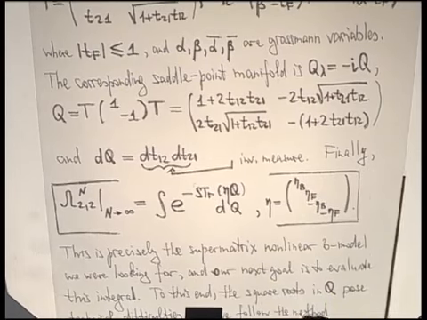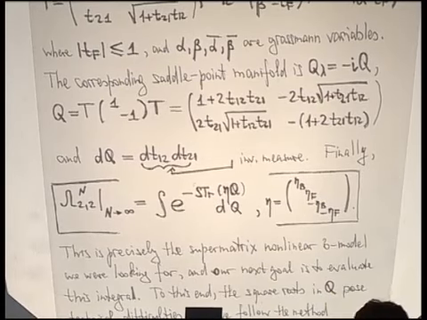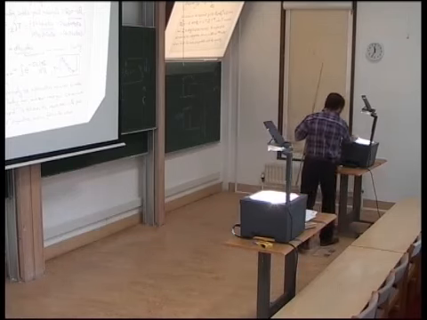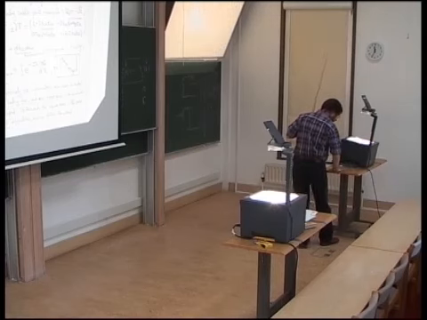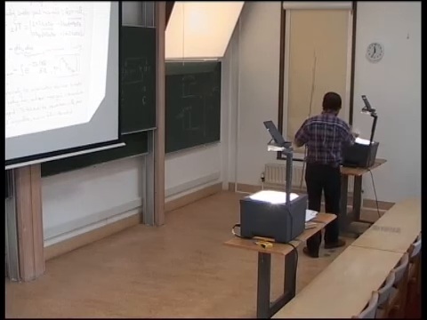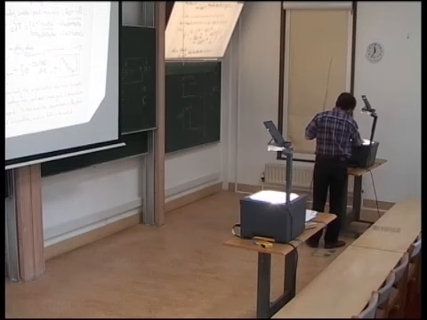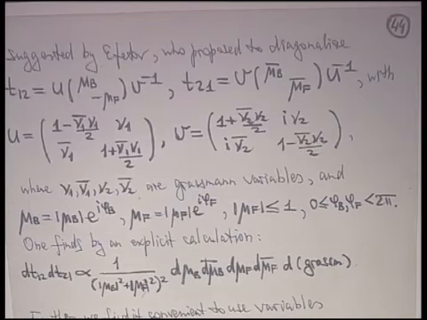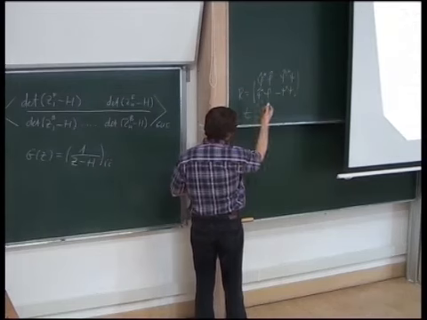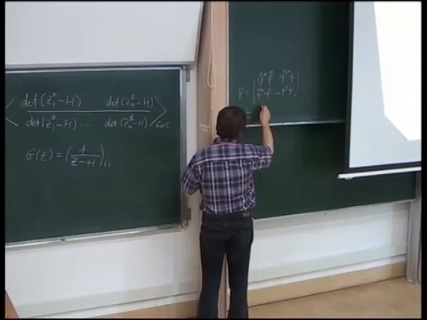Although I believe it should be possible, there is a convenient way suggested by Efetov to change to a more convenient set of variables. And what is this convenient set of variables? If you have a complex matrix, just forget about supermatrices, you can always go to the so-called singular values.